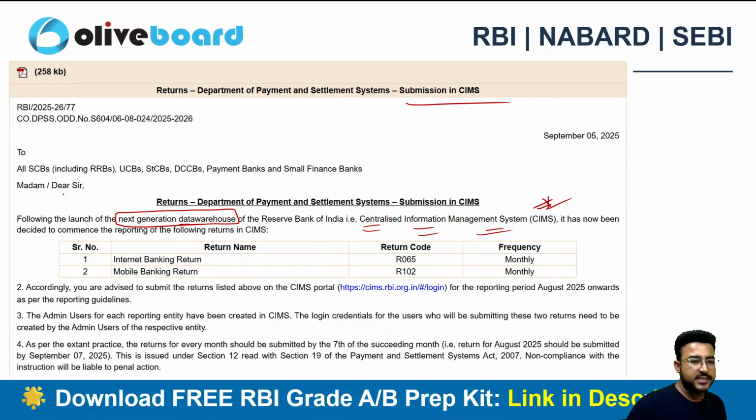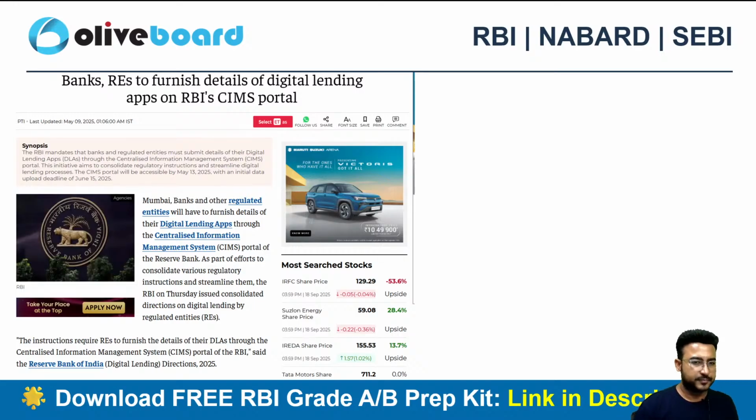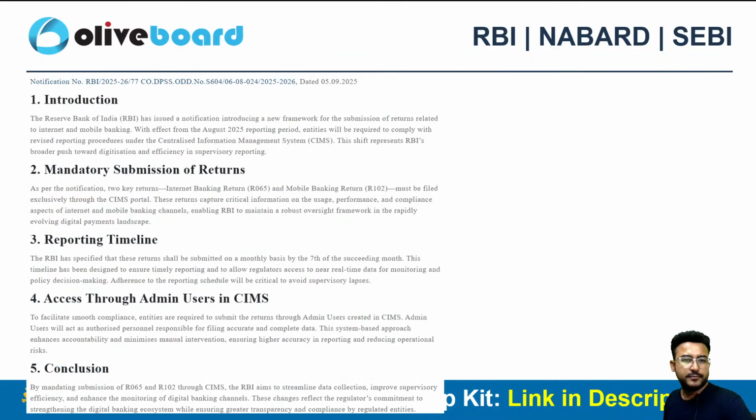Now RBI has decided to commence the reporting from the following reports. Internet banking returns and mobile banking returns are being furnished monthly on this particular platform. So that's a heads up from the RBI side related to this news, right?